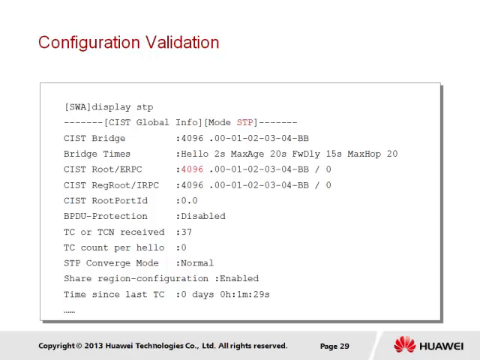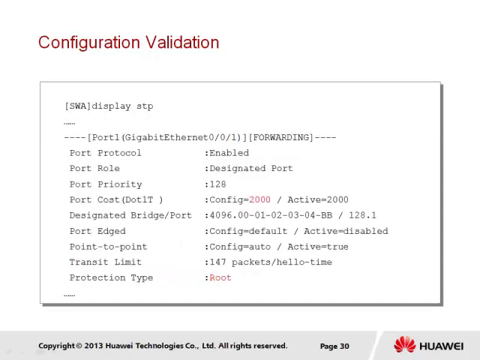The highlighted priority value reflects the changes made to the priority of the root bridge. Since the bridge ID and root ID in this instance are the same, it can be understood that switch A is the root bridge. As the root bridge, all port interfaces should support a designated port role and be operating in a forwarding state.